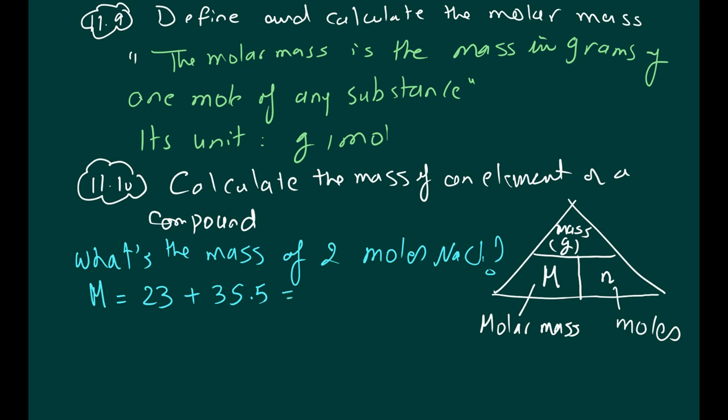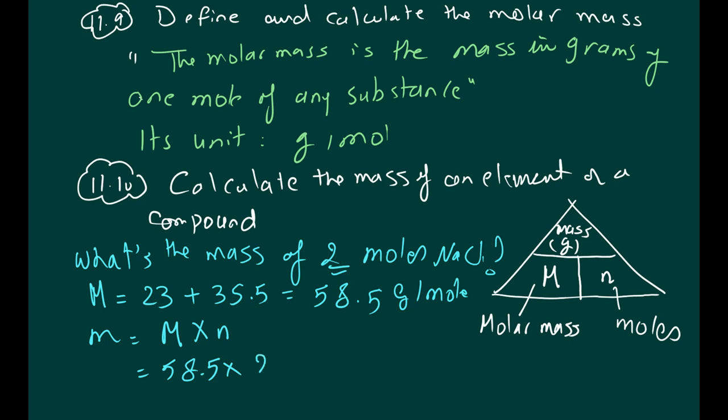So the molar mass of sodium chloride is 58.5 gram per mole. Okay, so in order to calculate the mass, you need to multiply M by n. So 58.5 times 2 moles. You will get the final answer in grams.